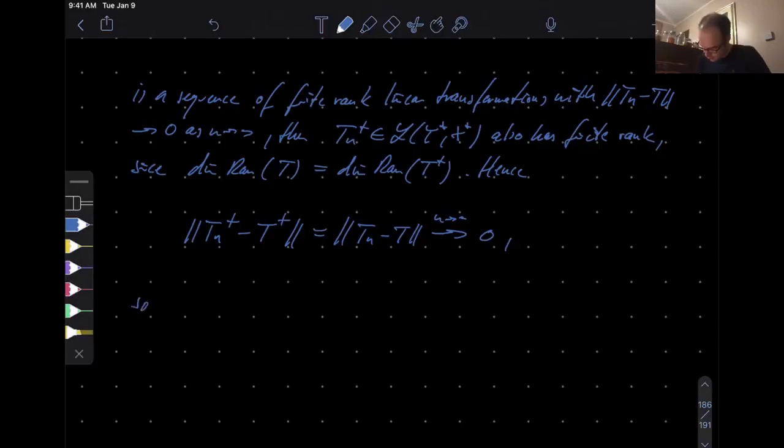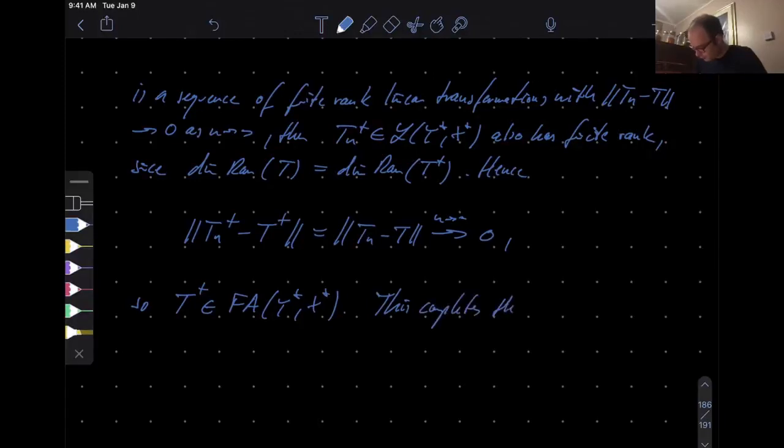So that means in turn that T of t, because remember we already showed Fa is a norm-closed subspace, so if I hit any element with a sequence of finite rank linear transformations or norm limits thereof, then the limit is again going to be finite approximable, right? Okay, so we have this. This completes the proof of the theorem.